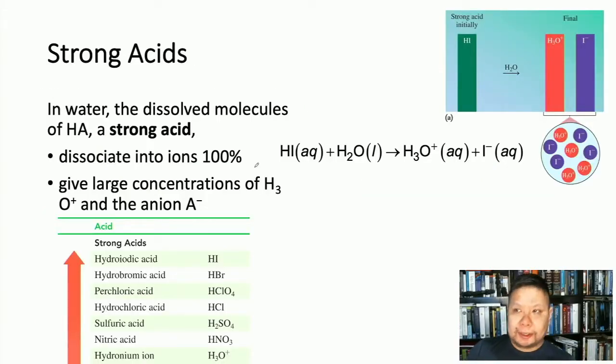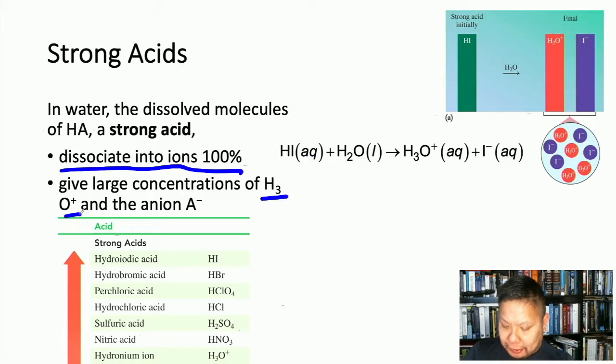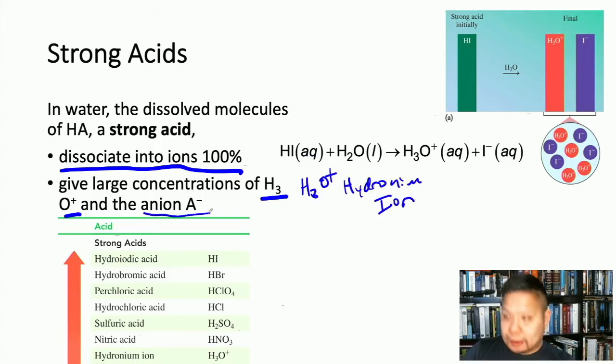So that brings us to talking about the relative strengths of acids. Strong acids are acids that dissociate into ions 100% of the time. So they'll give large concentrations of H3O+, or the hydronium ion, and its accompanying anion, large concentrations of both. So in our little example over here, we have hydroiodic acid, or hydrogen iodide.